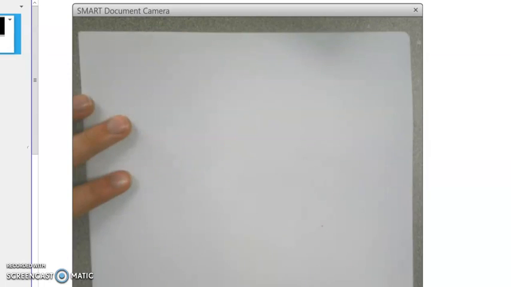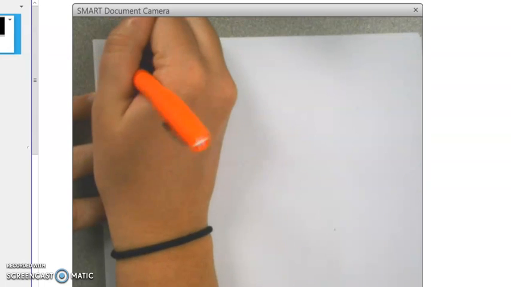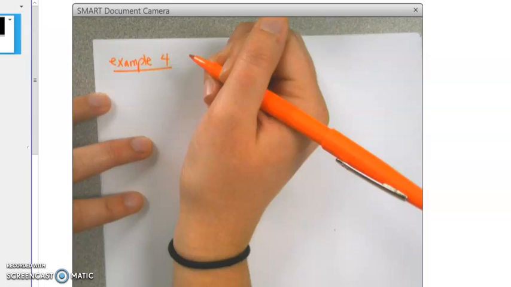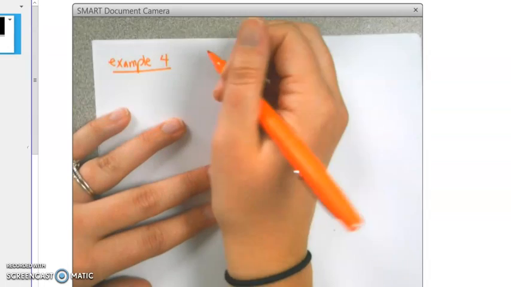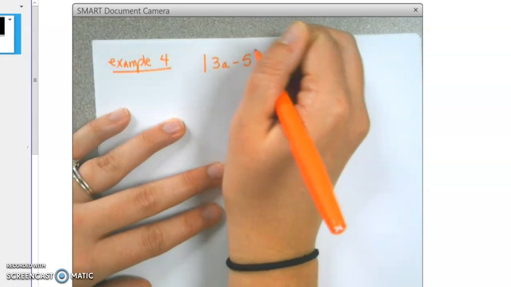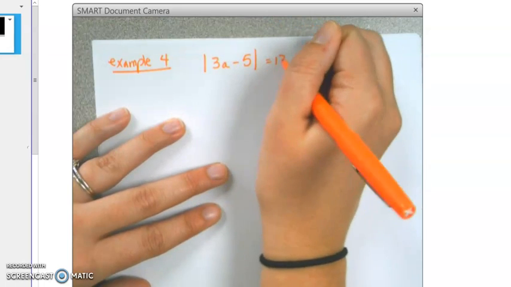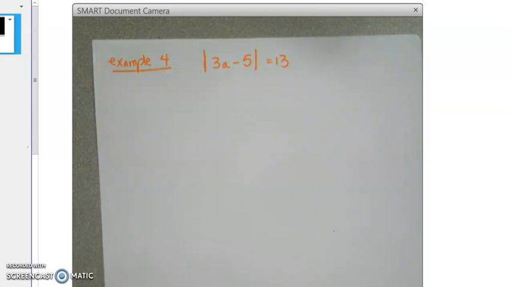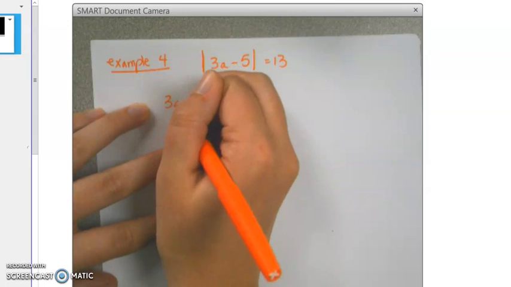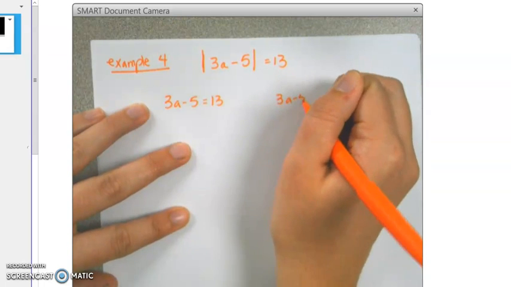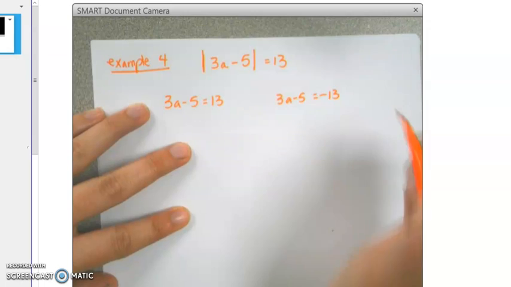So last example. So just like before, I'm going to make two equations. A positive one and a negative one.